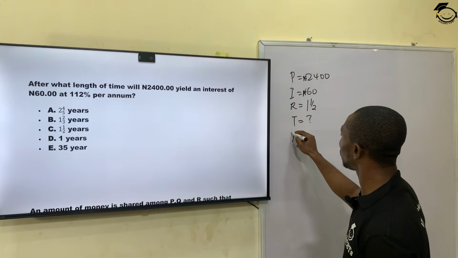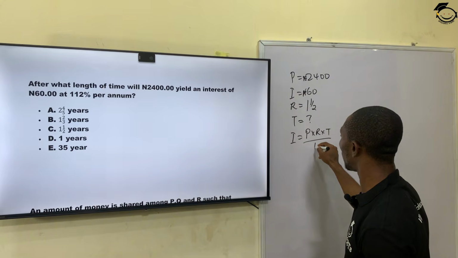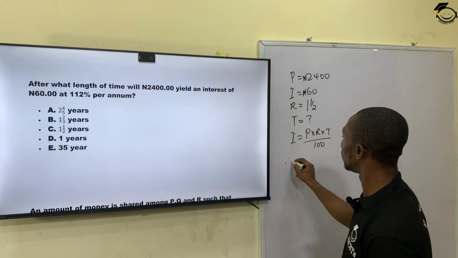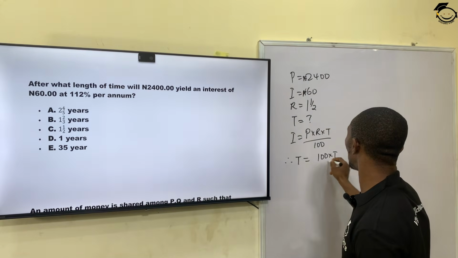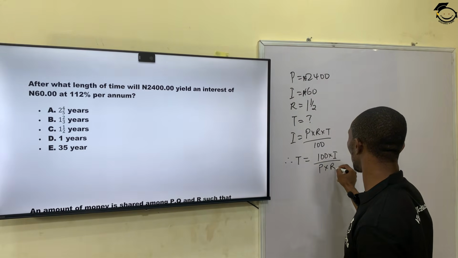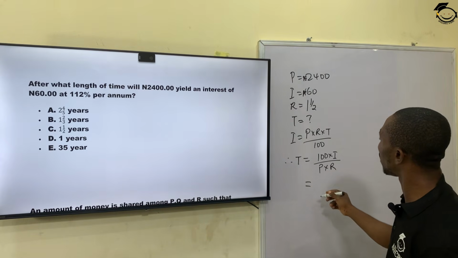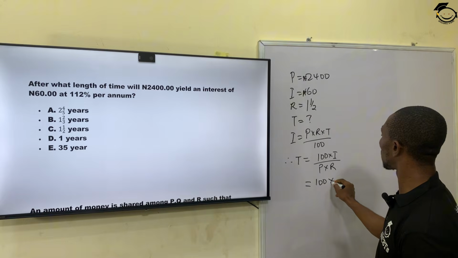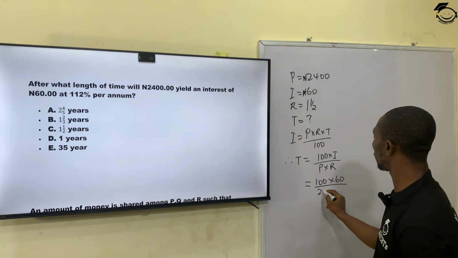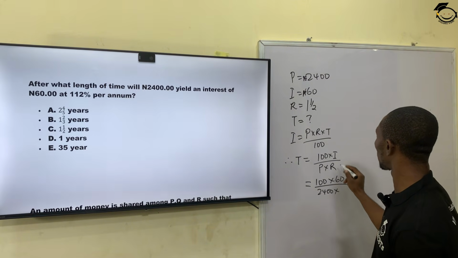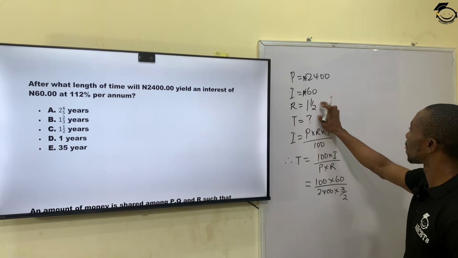Now we know that interest equals principal times rate times time all over 100. So therefore, time equals 100 times interest all over principal times rate. Now substituting into our formula, we have 100 times 60, which is our interest, all over principal, which is 2,400, times 3/2, which is our rate.